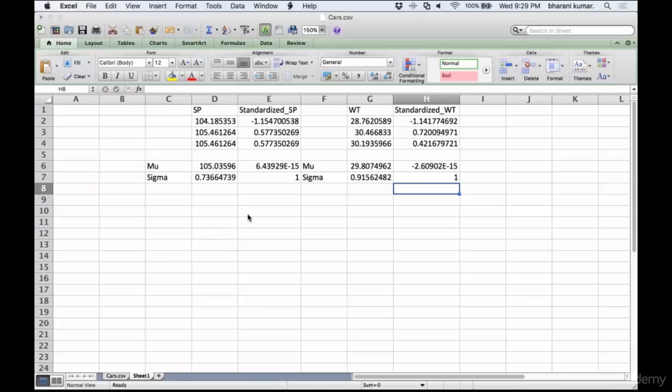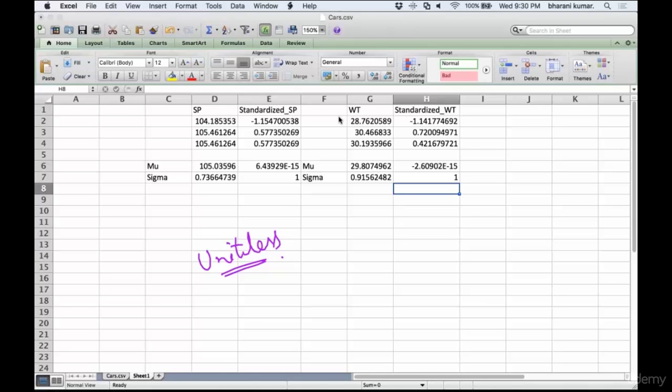And why are you standardizing the data? Because when you standardize the data, it becomes unitless. There is no longer any dependency on units, and hence you can very easily proceed with the prediction models. Yeah, that is the reason why you're making the data unitless.